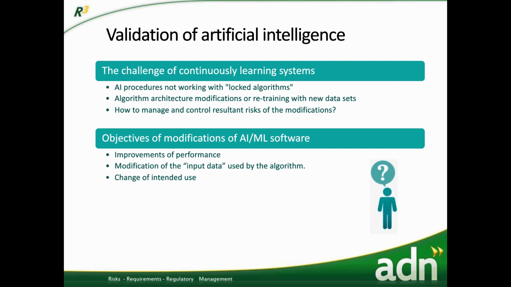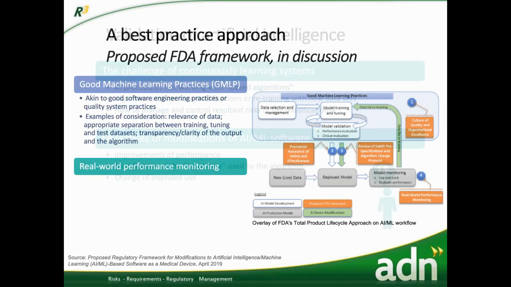And in the field of medical devices, the FDA is already starting to ask itself a good question, and has proposed a framework that has been in discussion since last year, for a best practice approach of how to validate this kind of continuously learning system.